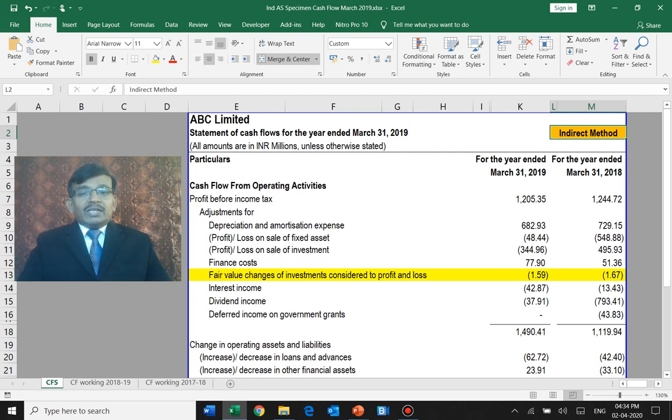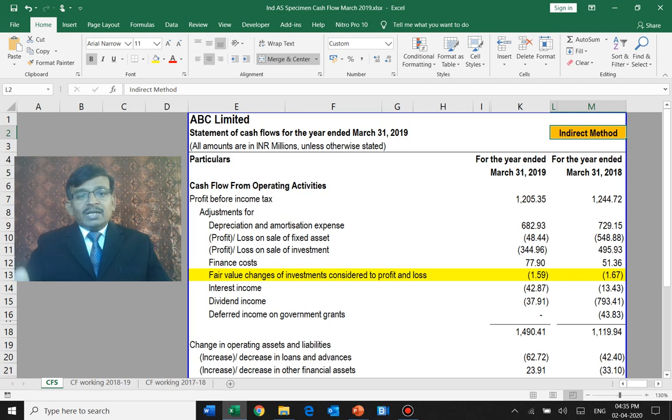One thing I have highlighted in yellow is fair value changes of investment considered in the profit and loss account. What does it mean? Ind AS 109 requires certain investments to be measured at fair value at every reporting period, but it may not have been actually realized by means of sale. So it is also a non-cash item.